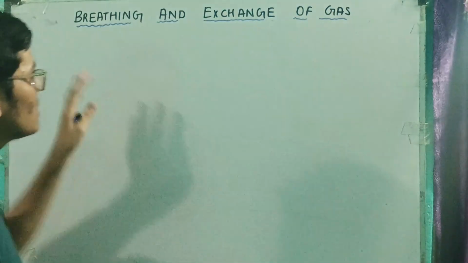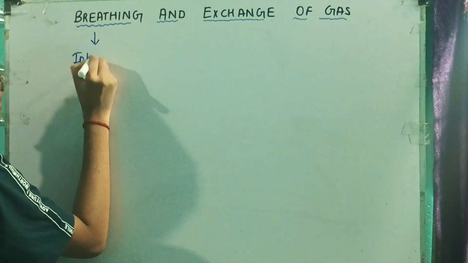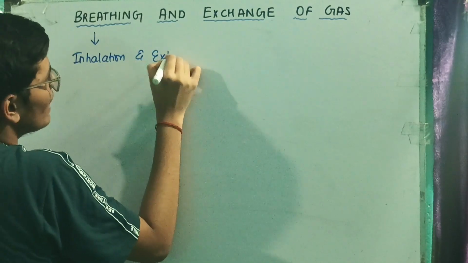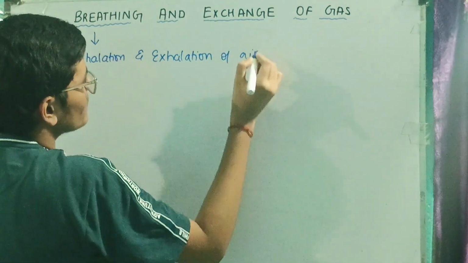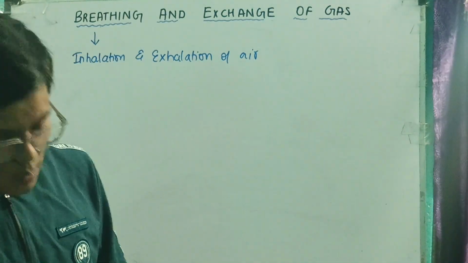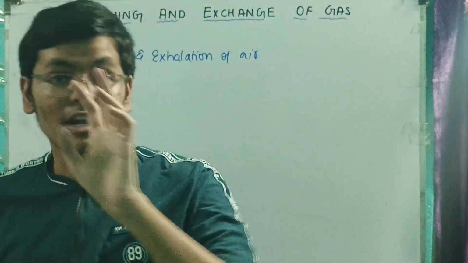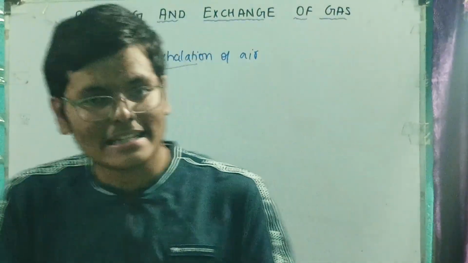Now let us see what this term breathing means. Breathing is nothing but inhalation and exhalation of air. The definition of breathing is inhalation and exhalation of air. Now there are two terms again over here, inhalation and exhalation. What is inhalation?